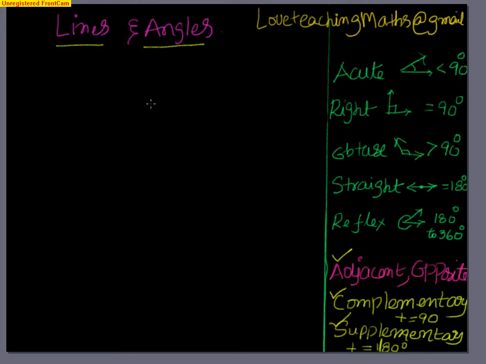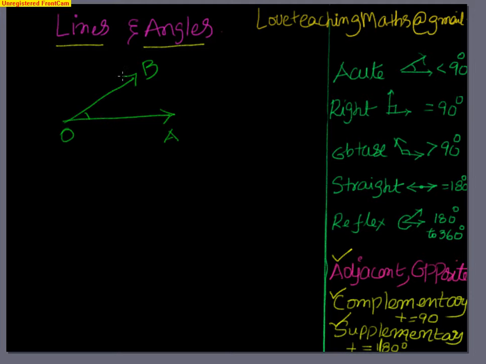Okay, we'll start with the angle and how we denote the angle. Suppose I have a ray A and I have another ray B. So that's what we learned in the last video, that they are either closed or open.